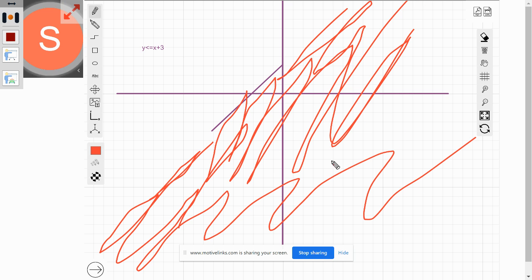It could even be miles away from this point, but anything on the bottom of the line would be a solution. Now, if it had said y is greater than, or y is greater than or equals to x plus 3, we would have shaded above the line, and a solution would be anything above the line.